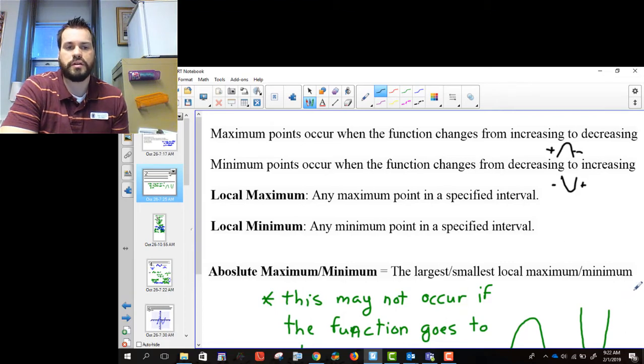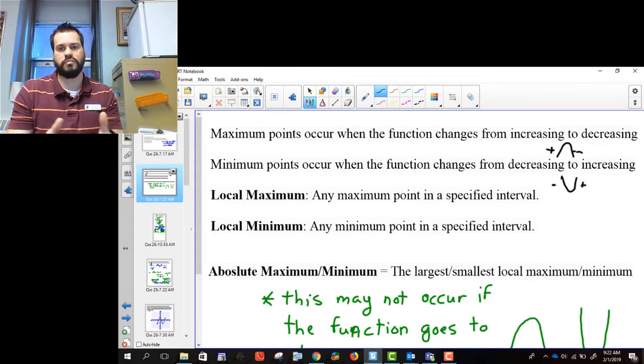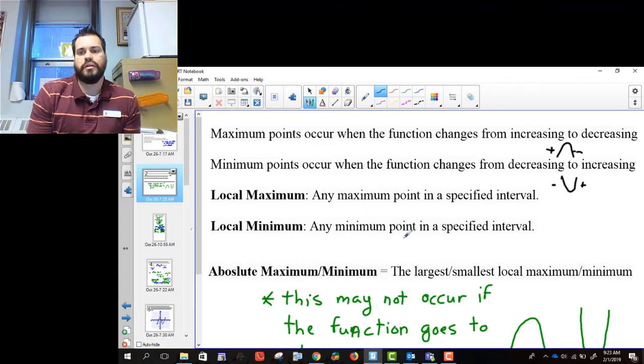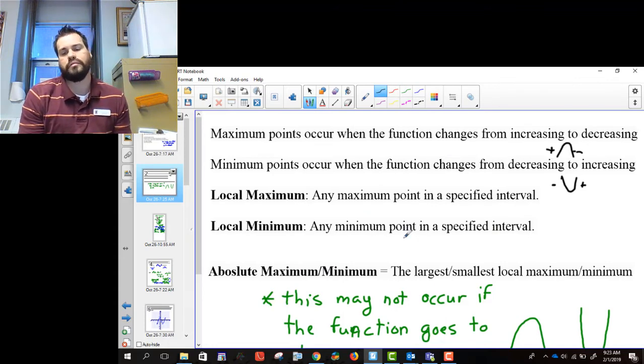There are two different types of max and mins. There's local max and mins, and those are just a minimum point within a small domain around it, within a specified interval. The absolute max or min is the smallest or largest point on the entire function. So if there's a bunch of local minimums, then it might be the largest or smallest of those.